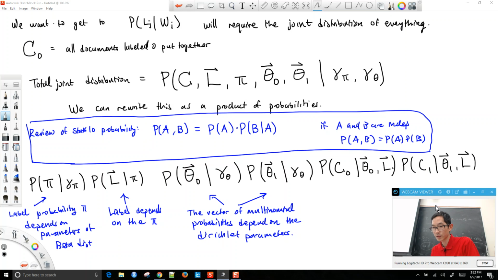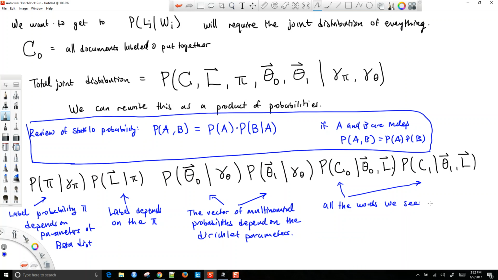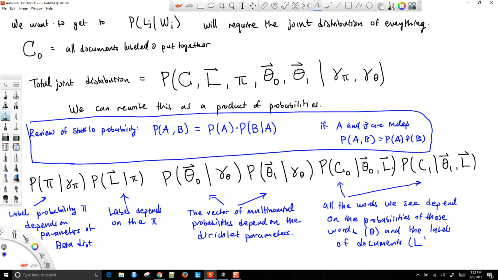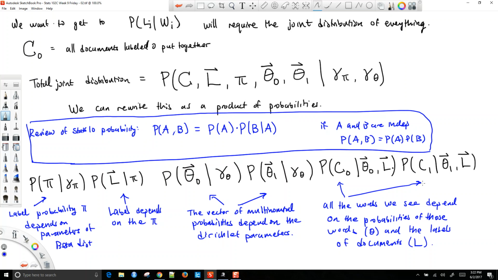So all the words we see depend on the probabilities of those words, which is theta, and the labels of the documents, L. So we've factored apart the total joint distribution into each of these things.